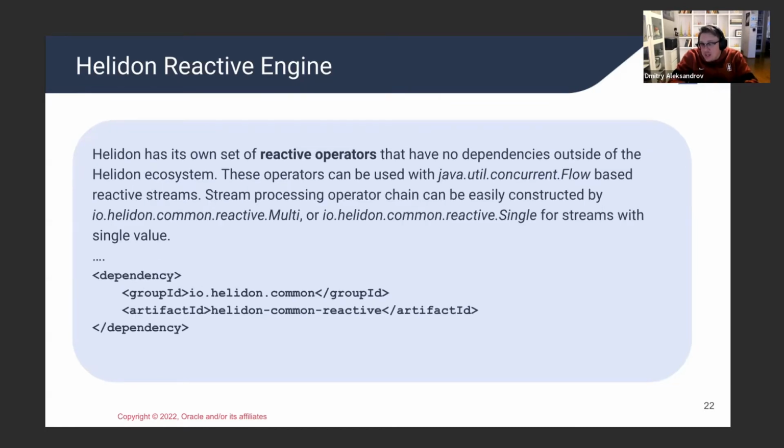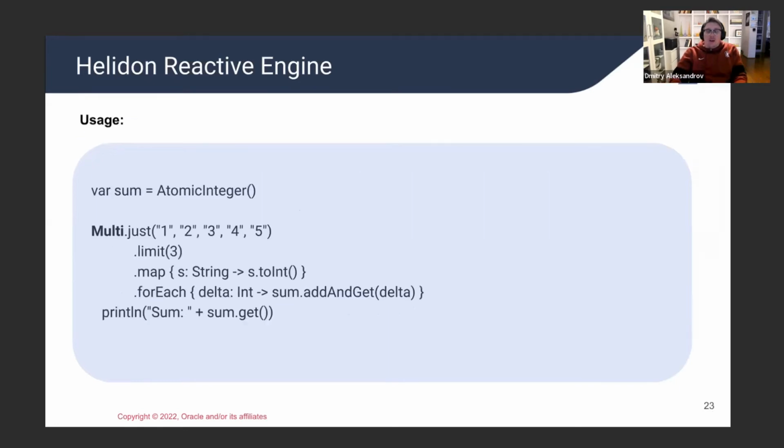But so we have created our own representations for operators. That means that for multiple values, you get Multi, for a single value, you get Single. Just to give you an overview of how it looks, for example, you have multiple values.